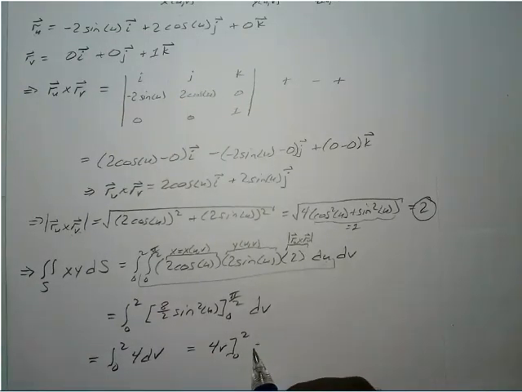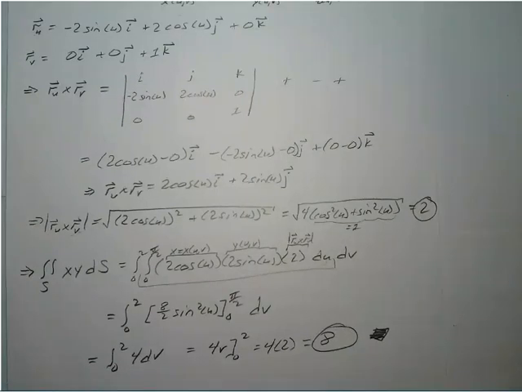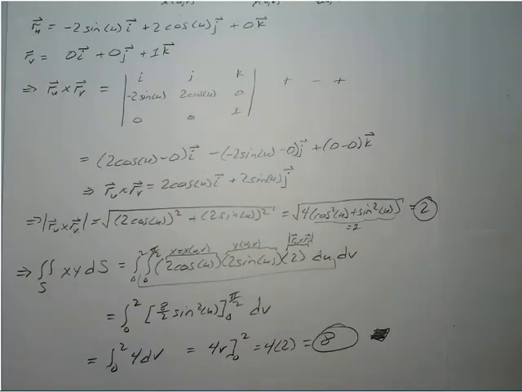Plug in the 2. You have 4 times 2 minus 4 times 0, of course, is 0, which is 8. All right. So that is how you would evaluate your vector, your parametric surface integral.